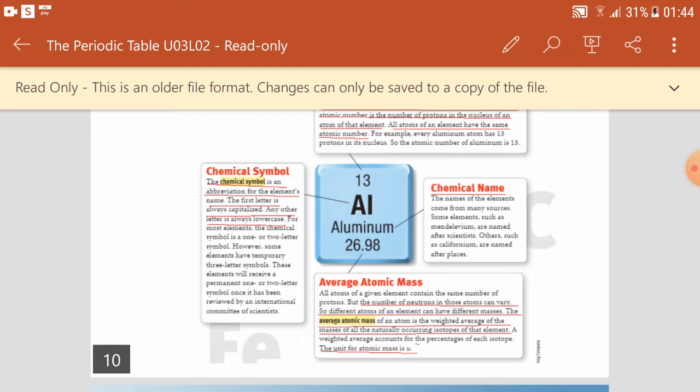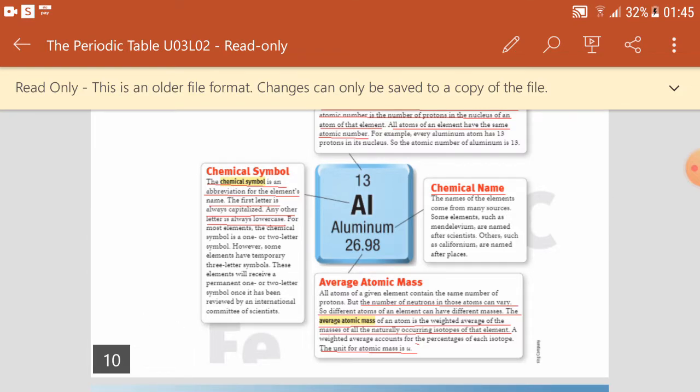So aluminum can have isotopes. Some aluminum atoms can have a mass number of 26. Some other atoms have more protons and neutrons, so the mass number is 27. Others 28, others 25.